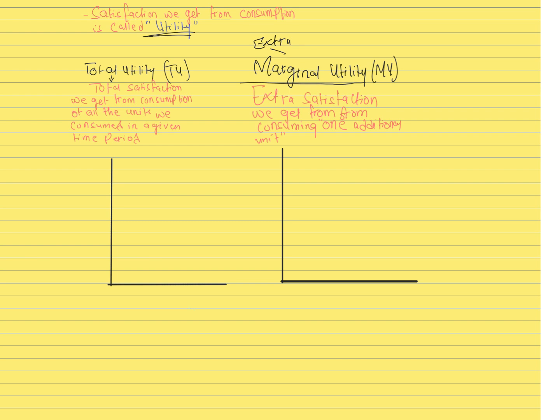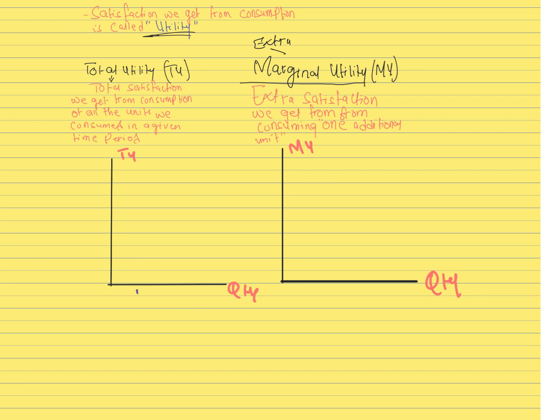On the y-axis, I will take the total utility, and on the x-axis, we'll take the quantity of goods that we have consumed. In our case, it was the quantity of chips. Secondly, the marginal utility, and the same quantity of goods that we have consumed. Let's plot this graph and see what our total utility will look like.